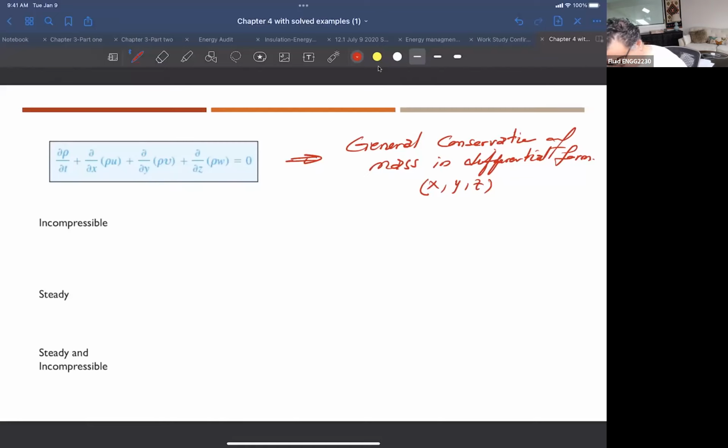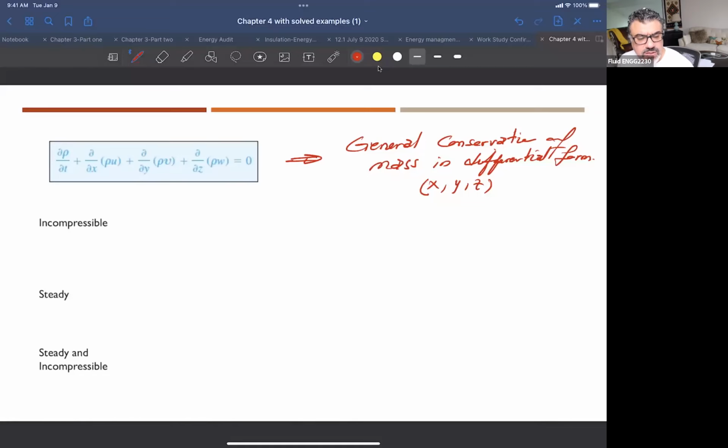This is an equation that I want you to remember when you are dealing with fluid mechanics, because this is the most important differential equation for fluid flow. Conservation of mass is very important to fluid flow analysis.